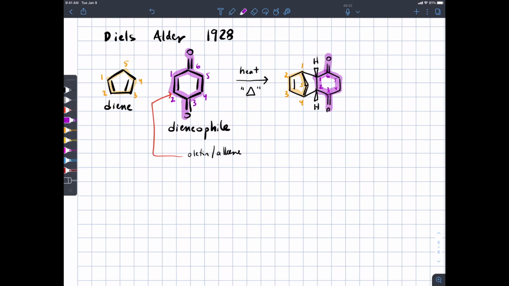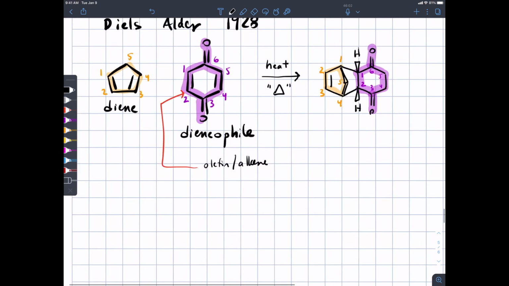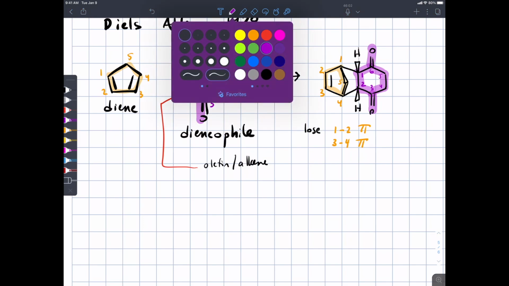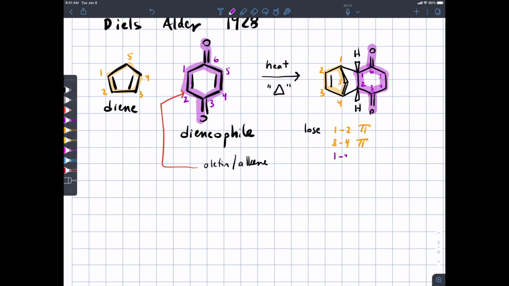Okay, so what has changed? Anytime you learn a new reaction, it's useful to focus on what has changed. We lose the pi bond between 1 and 2 in the starting material. We lose the pi bond between 3 and 4 in the starting material. And we lose the pi bond on the olefin between 1 and 2.